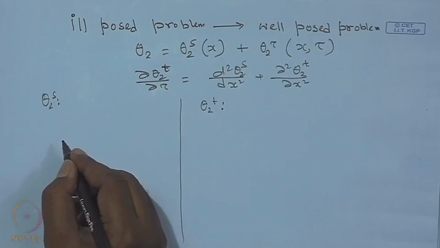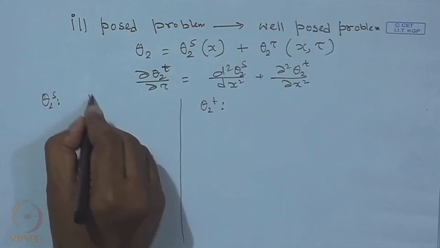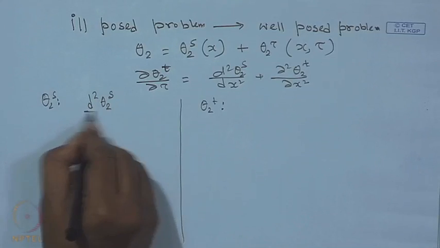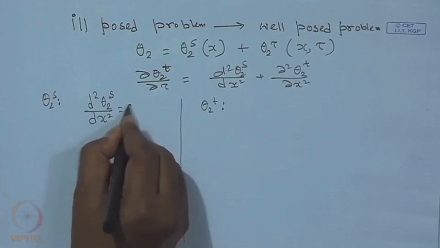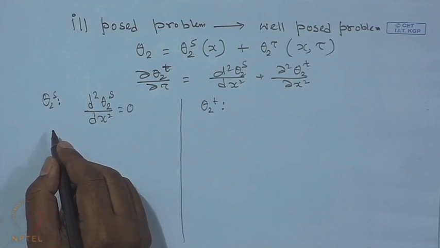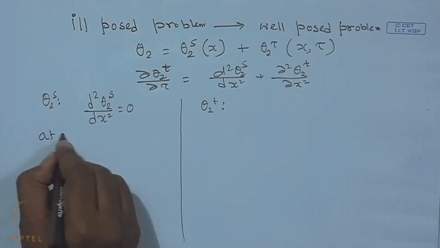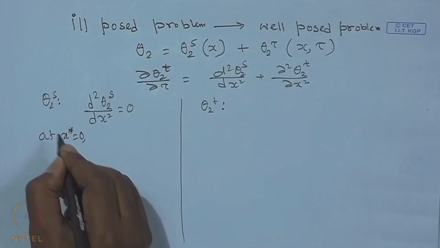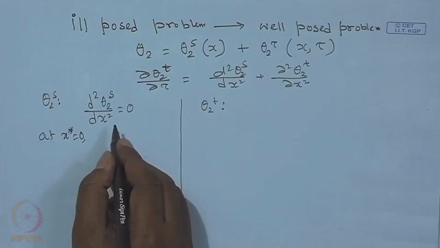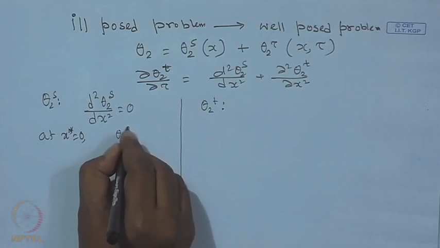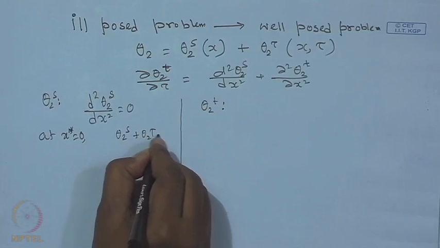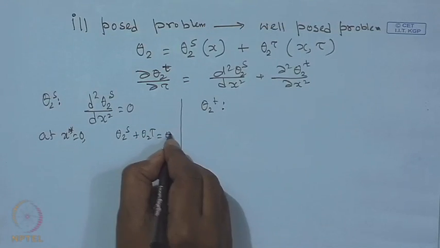Now, the definition of theta 2 s is simply d square theta 2 s d x square is equal to 0, subject to the boundary condition that at x star is equal to 0, we have theta 2 is equal to theta 1 0. So, theta 2 s plus theta 2 t at tau is equal to 0 is equal to theta 1 0.